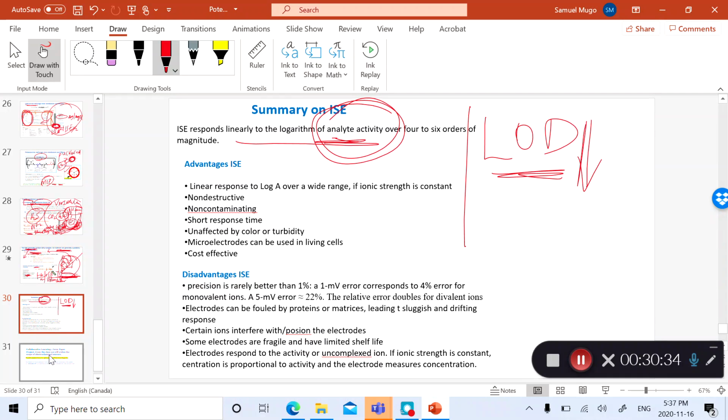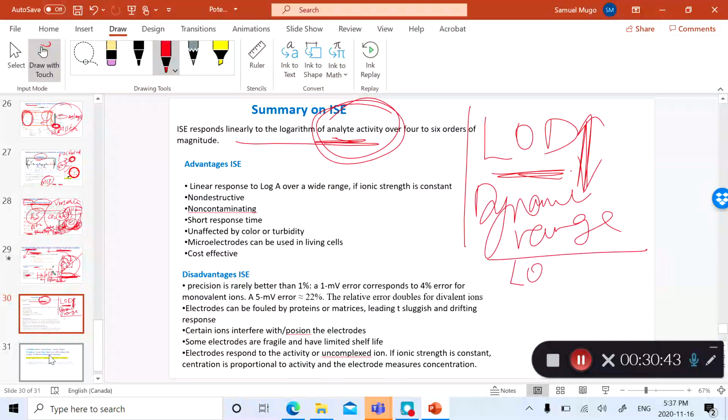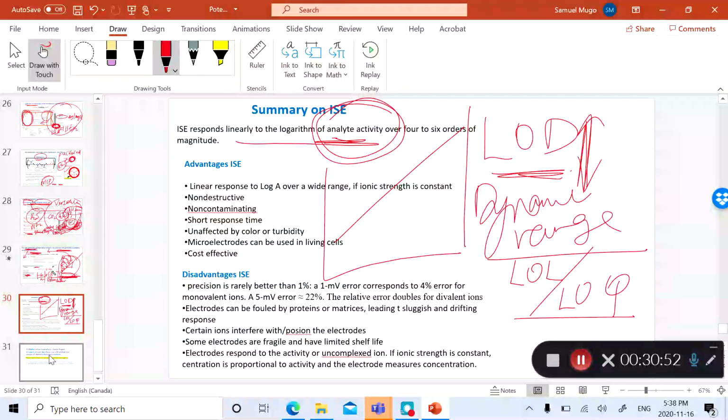They are not very, very low. The dynamic range, which I hope you guys remember, is the limit of linearity divided by the limit of quantification. That is the range at which the calibration is linear. In general, they don't have very good dynamic range.